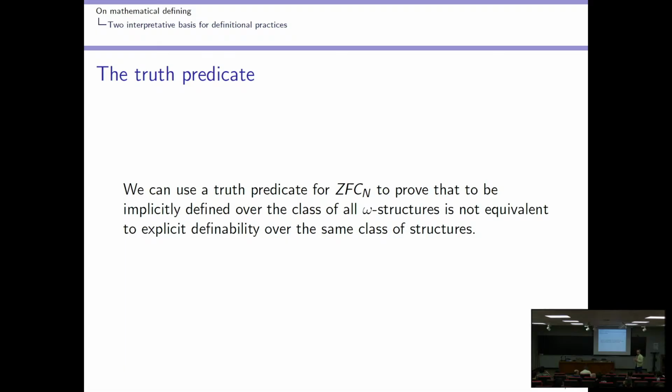It is equivalent to say that we have an explicit definition and to say that the definition is dispensable, that we can dispense with the predicate. It is the same thing.